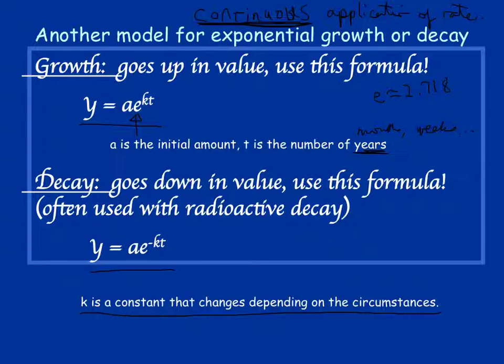Okay. And so this is the formula we use when we're talking about exponential growth, where the rate is continuously being applied. Or we can use this formula where we're seeing decay. Normally we'll use this with radioactive decay, but you might come across some different applications where we use the letter E to model exponential decay.